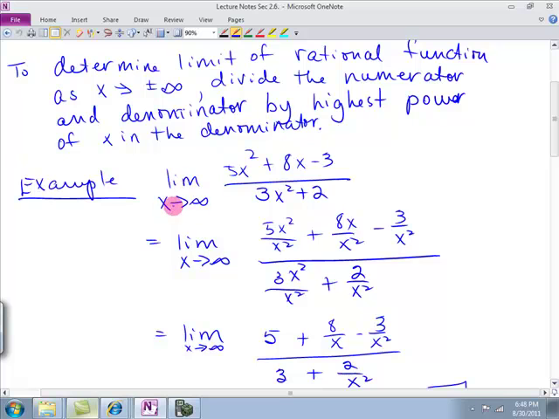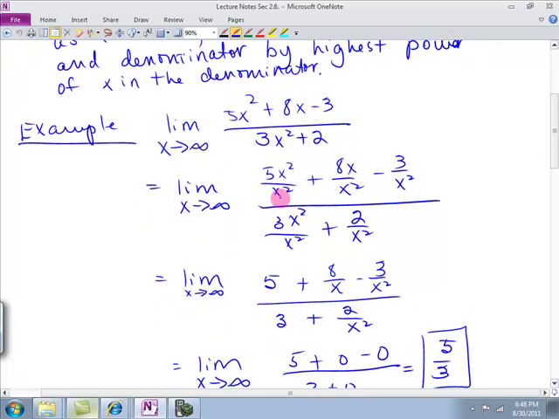If we had the limit as x approaches infinity of 5x squared plus 8x minus 3 over 3x squared plus 2. Well, it's not like regular limits where we can plug in a number. We have to have some technique. The technique is, what's the highest power of x? X squared. So every single piece of this gets divided by x squared.